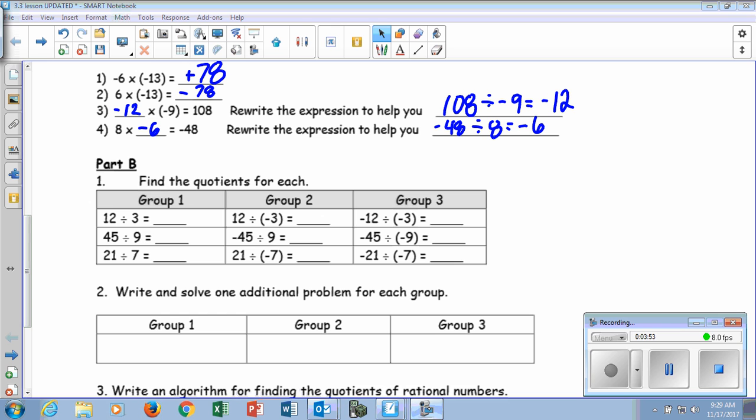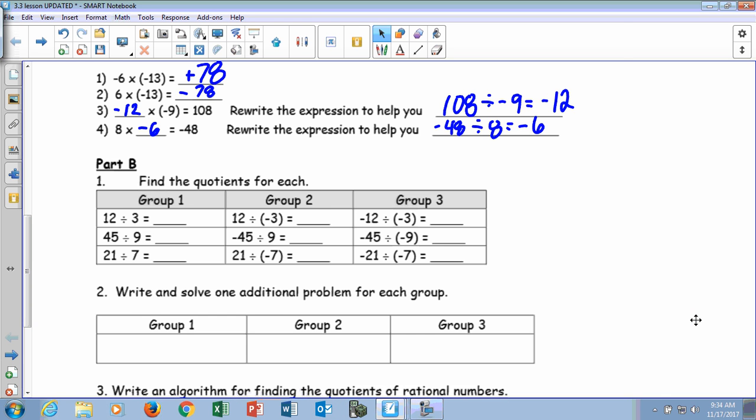Ready? Go. All right, so what did you come up with for group 1? Who wants to share the group 1 answers? Elena. Okay, 45 divided by 9, we put 5. And for 21 divided by 7, we put 3. Good. Remember, we can look at it the other way: 4 times 3 equals 12, 5 times 9 equals 45, and 3 times 7 equals 21.